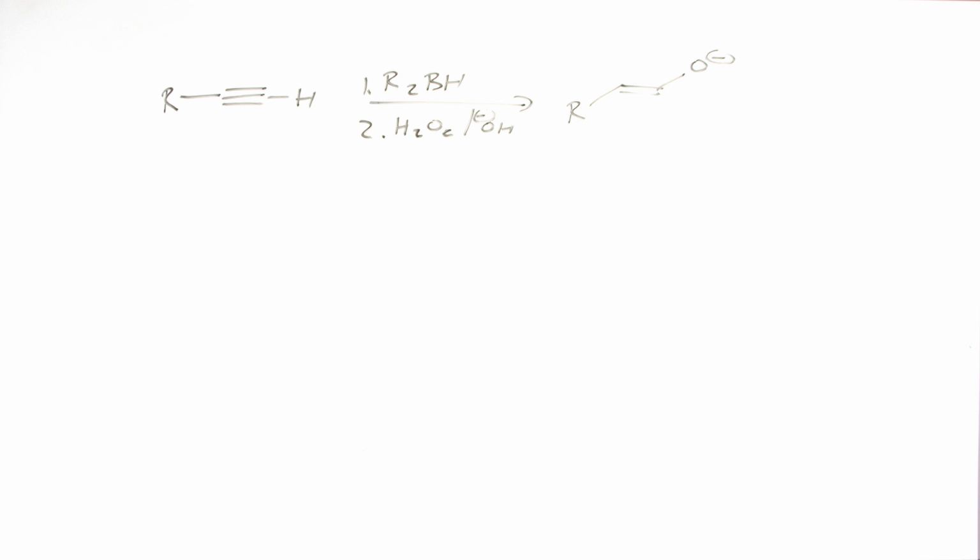Well, not really OH, O minus. That's debatable. But then I get what is a functional group when I'm done, after tautomerization. I get an aldehyde. Specifically, I get an aldehyde that has two hydrogens adjacent to it.